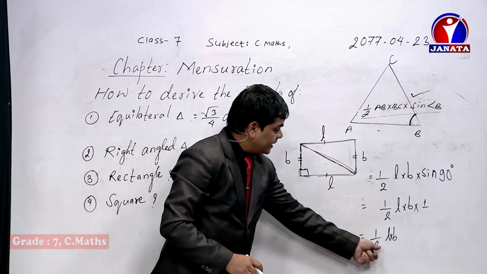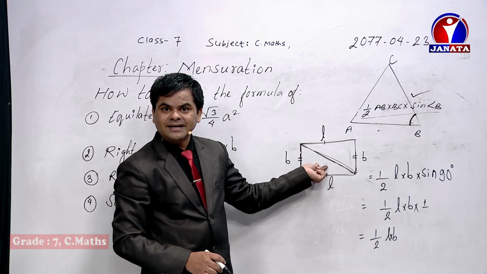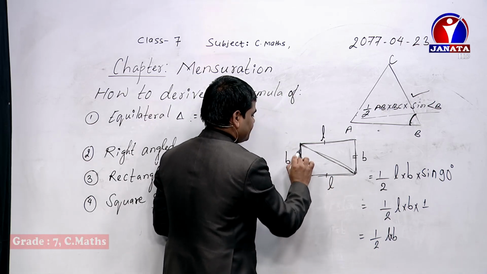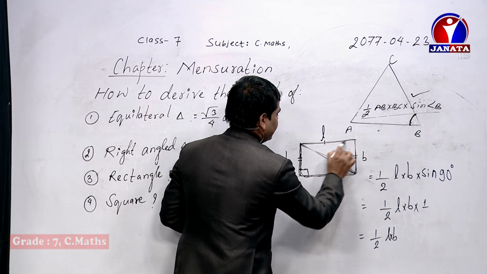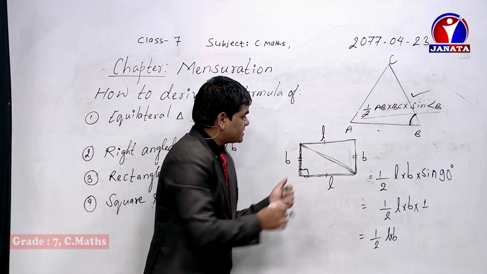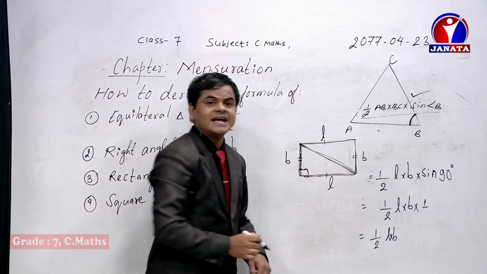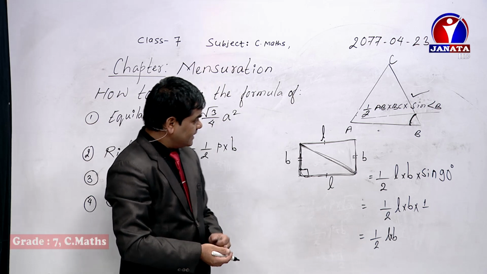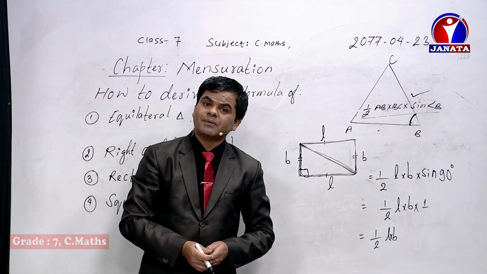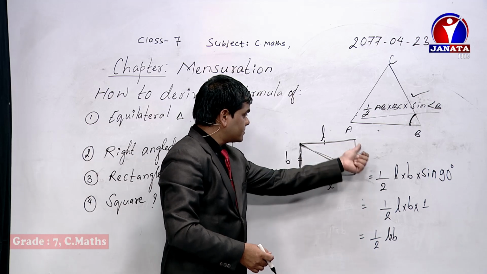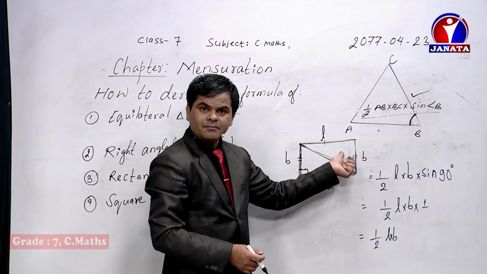This is the area of one triangle, dear students, isn't it? We have used just the formula to derive this triangle. It still remains this other triangle, isn't it? And as I have told, the diagonal bisects the rectangle. A diagonal bisects any type of parallelogram, and a rectangle is also a type of parallelogram. That's why the whole rectangle is divided into two equal parts.